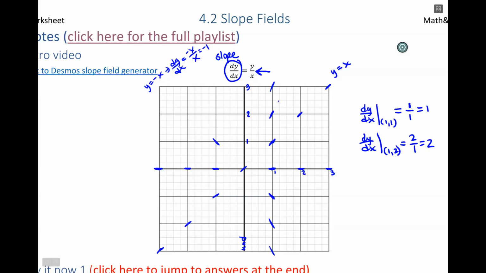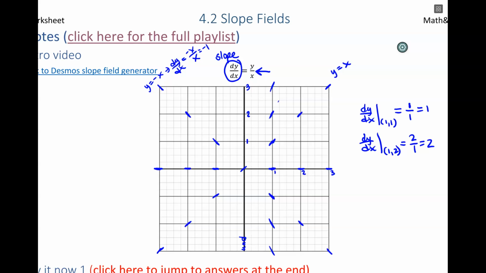And if I'm at -2, 2, my slope is -1. And I just don't want you to think this is always the case. The fact that the slope follows that line is not necessarily true. You could have something like, when my y is equal to my x, my slope is always 0, or when my y is equal to my x, my slope is always 3. There's lots of things, so that's a coincidence here.